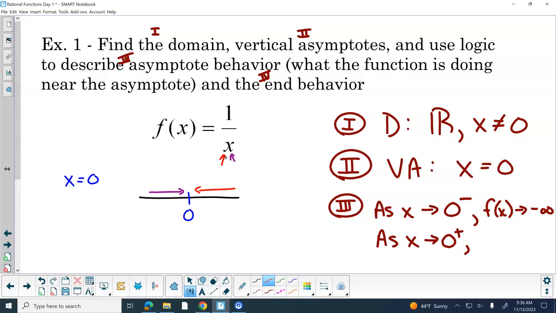As I put smaller and smaller numbers in for x, it gets bigger and bigger, right? But now I'm on the positive side, so that means it's going to go to positive infinity. So my function here is going to positive infinity.